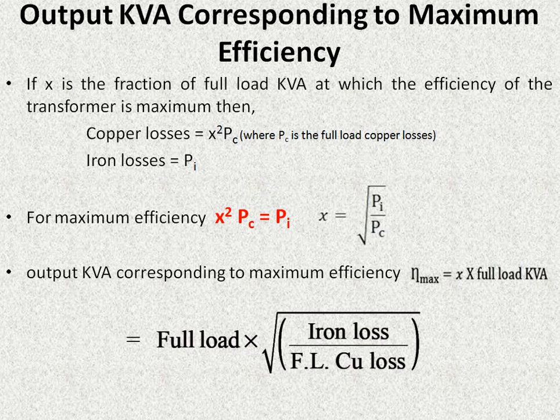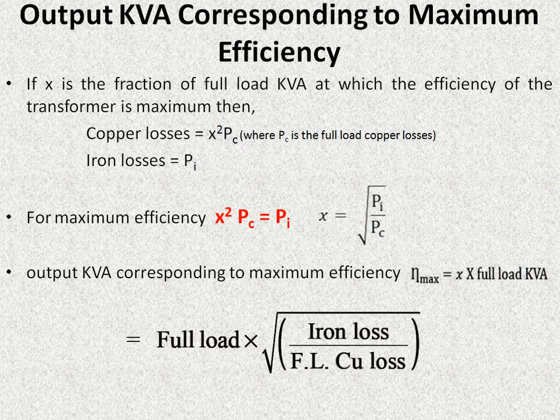Suppose at some fraction of the full load kVA, that is some fraction of the rated kVA, let that fraction be x. At some fraction x of the rated kVA, if the maximum efficiency condition is occurring, from that particular fraction of the kVA value, we know that its voltage rating term remains the same.